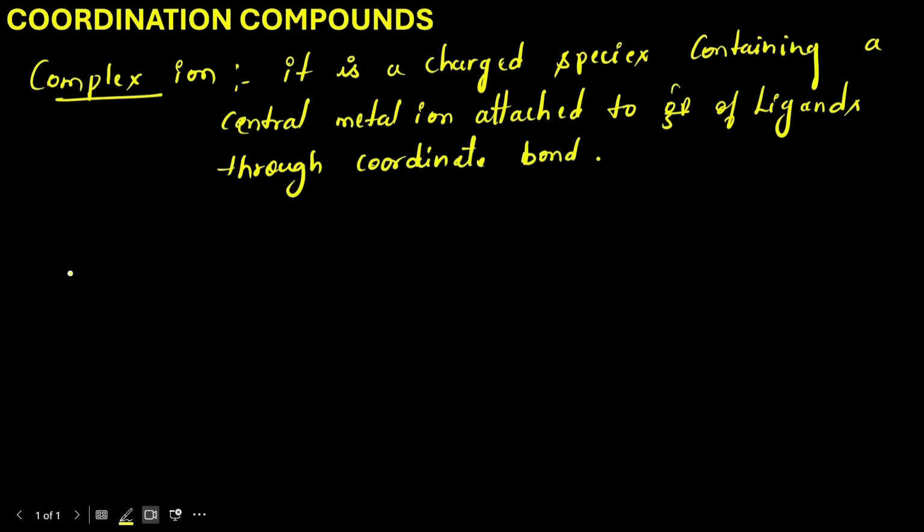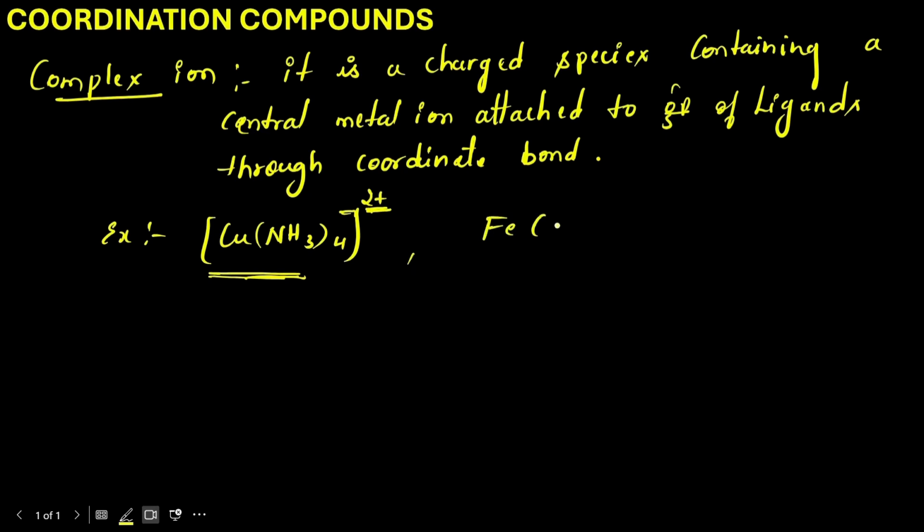We will take an example, [Cu(NH3)4] which has charge 2+. Here this is the coordination compound, or complex compound, which has a charge on it. The charge is 2+, therefore this is called a complex ion. One more example is [Fe(CN)6], the charge is 4-. This is the complex compound which has charge 4-.